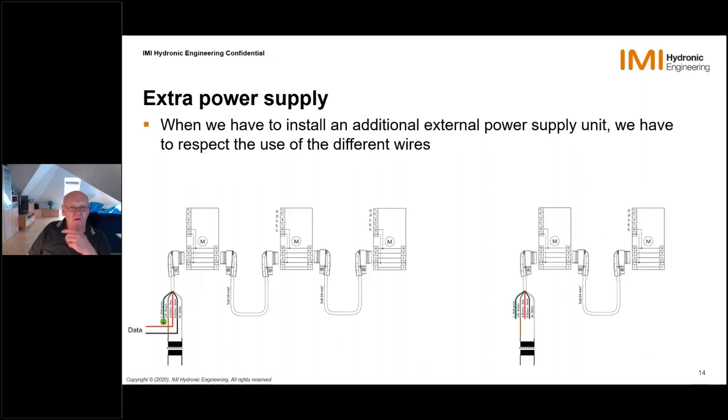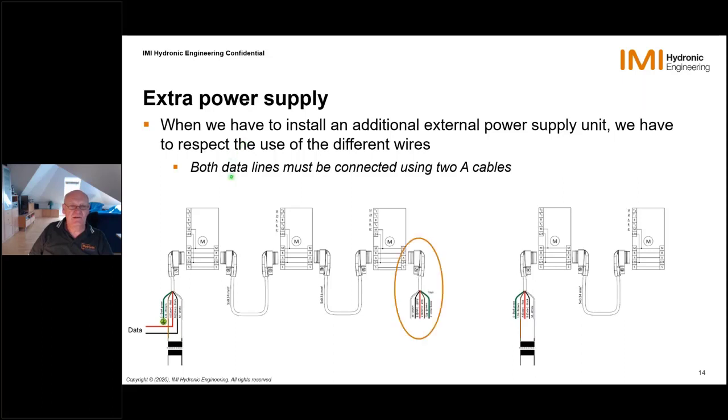So what's to do when we should use an extra power supply? Sometimes the elements are widespread out in the plant. Then we have to take, for instance, a second power supply. And then, of course, we have to respect the use of the different wires. It's important. The data lines, of course, must be connected.